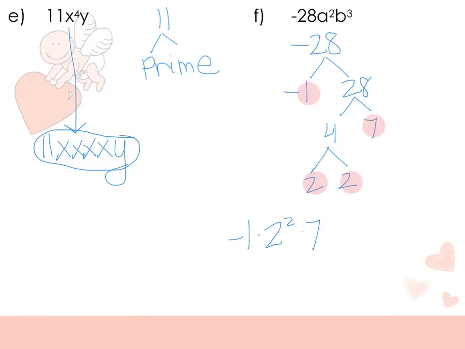Then to write the a squared, I'm going to say a times a, and the b to the power of 3 is b, written 3 times. And you can choose to put dots in between those letters. You don't have to, it's totally your choice. But here's the prime factorization for that monomial.